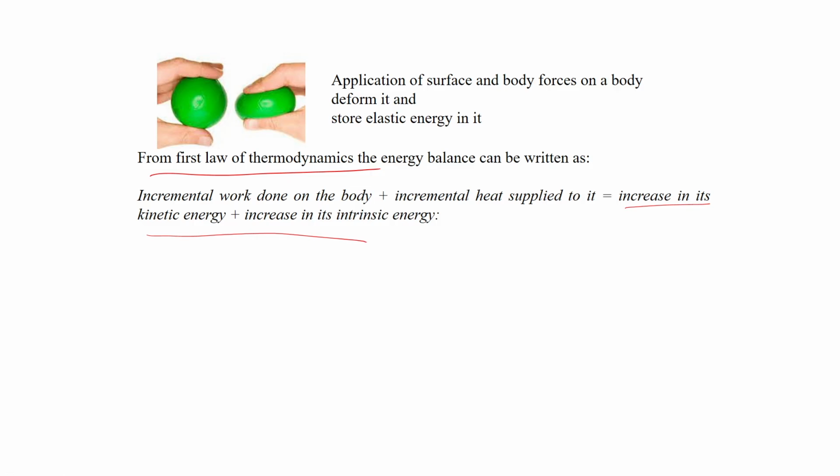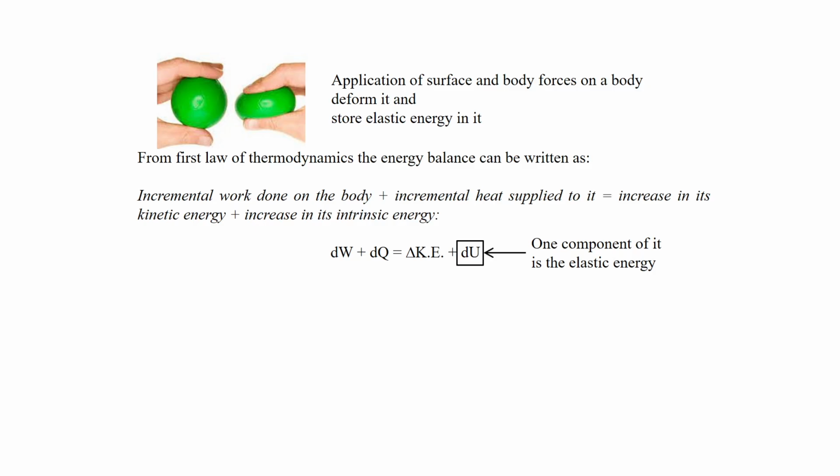We can further derive this first law of thermodynamics and write it by this equation, where dW plus dQ: dW is the incremental work done on the body, dQ is the heat supplied to it, delta K is the kinetic energy, and delta U is the intrinsic energy. Over here delta U has one component, which is basically the elastic energy inside the body.